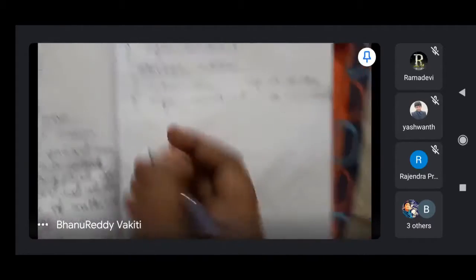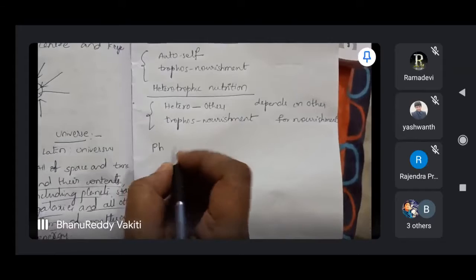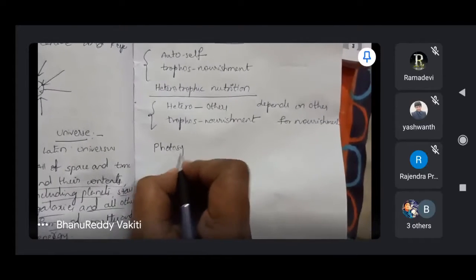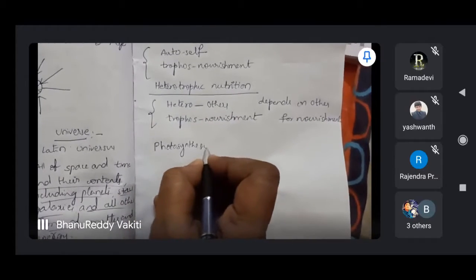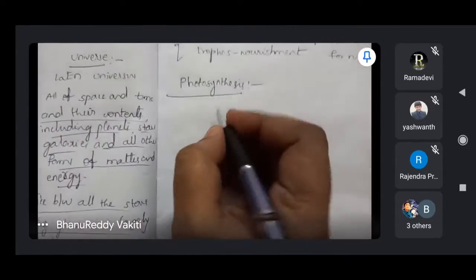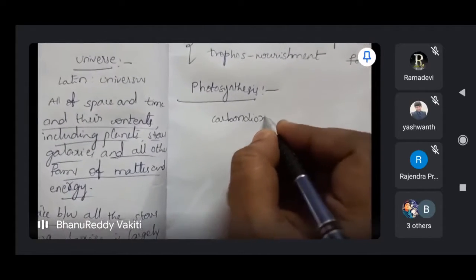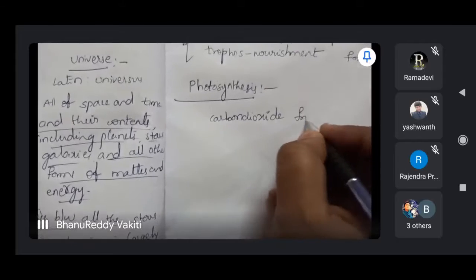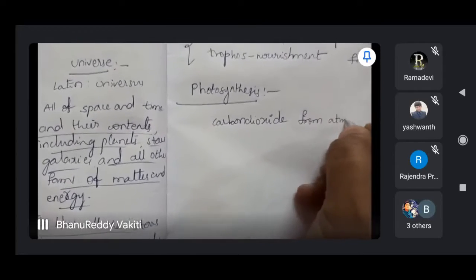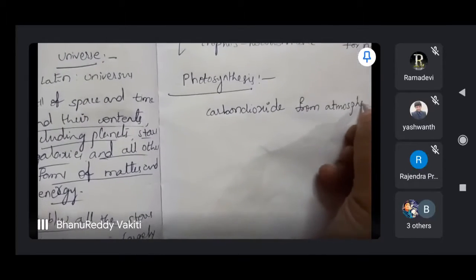So, photosynthesis. How is it possible? Carbon dioxide comes directly from the atmosphere. From childhood onwards you are studying this photosynthesis.